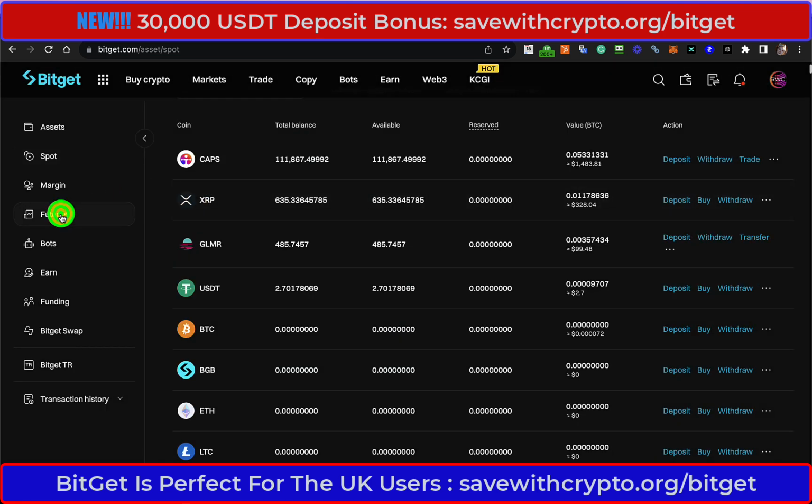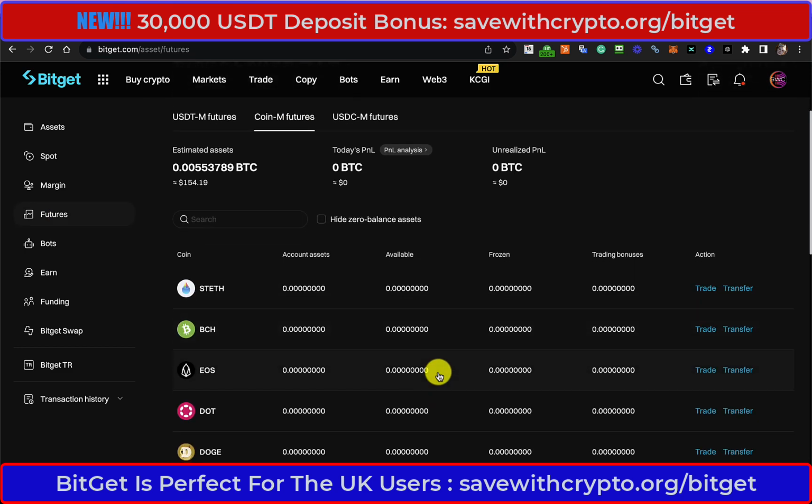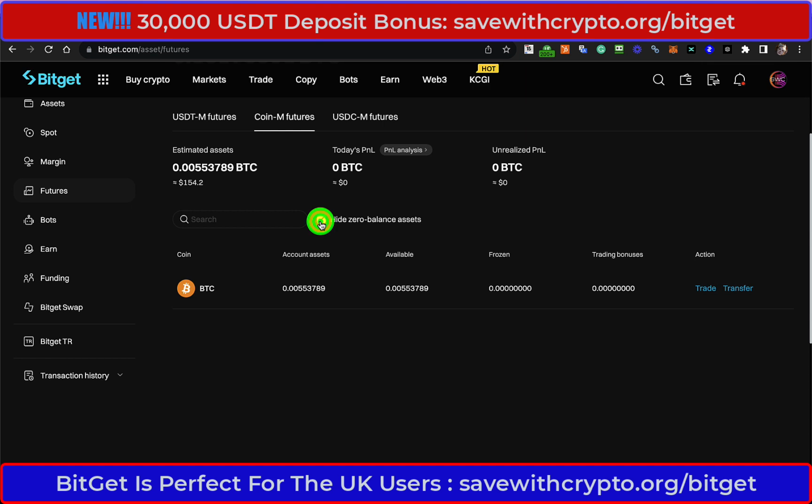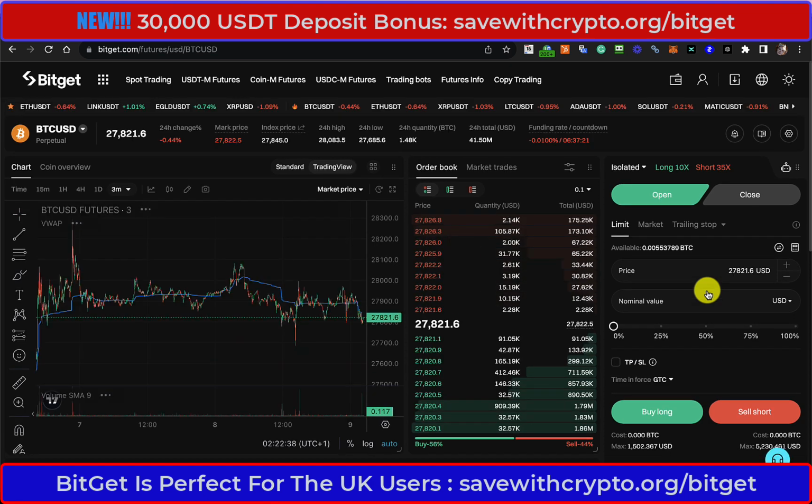Check in the futures account, look at CoinM Futures, and you can see if we hide all the zero balances, you can see easily that the BTC is now there. So we can trade that now. So if we click trade here, that will take us to the futures Bitcoin account.